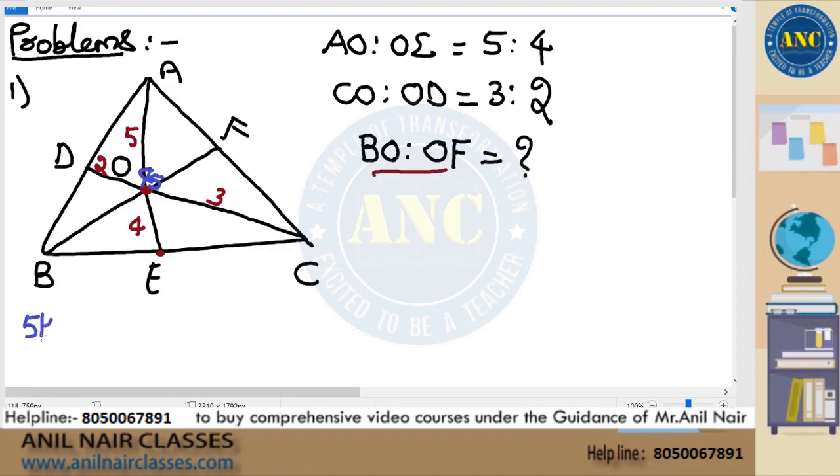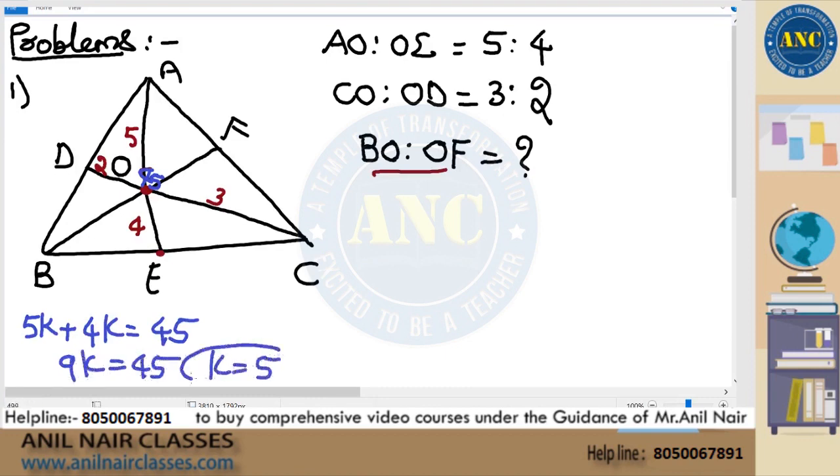So the first step: 5k plus 4k is nothing but 45. 9k is 45, so the k value is 5. 5 fives are 25 and 4 fives are 20, because it is in the reverse ratio.